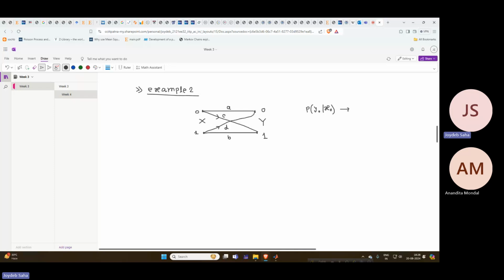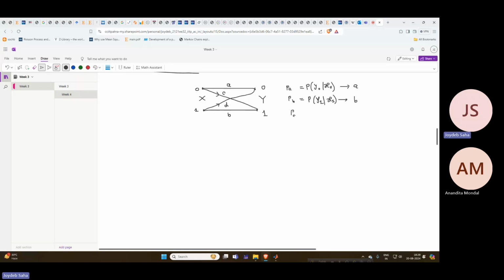This is for event A. What is probability for B? B means we are getting y1 upon x is also 1. This is for event B.